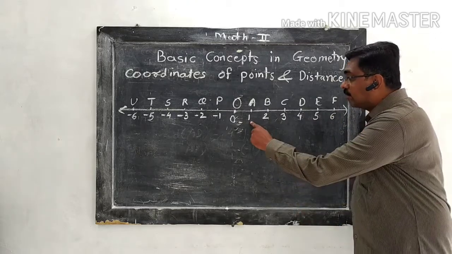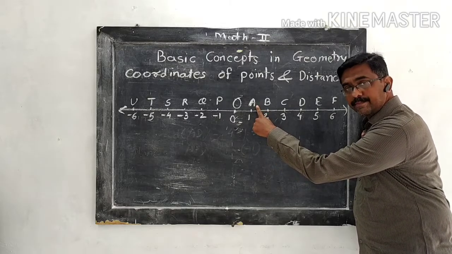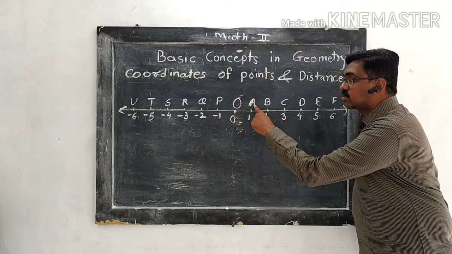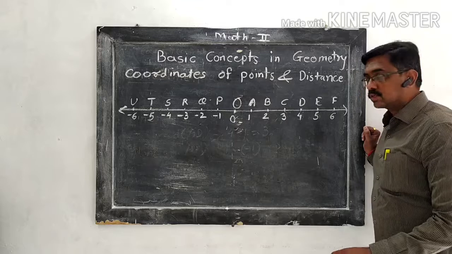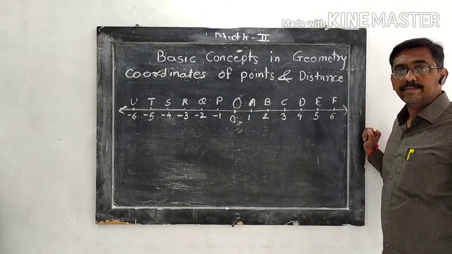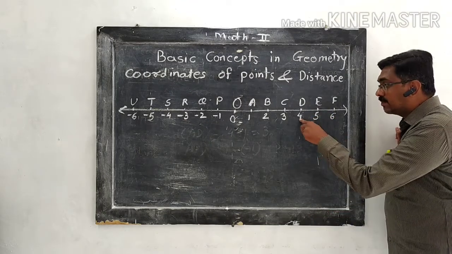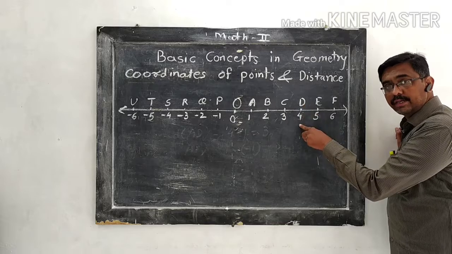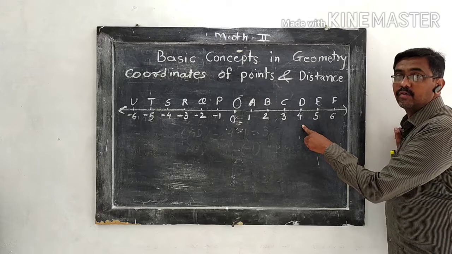So here the number 1 is associated with point A. The number 1 associated with point A is called the coordinate of A. So 1 is the coordinate of point A. Similarly, for point D, the number 4 is associated with point D, so the coordinate of point D is 4.